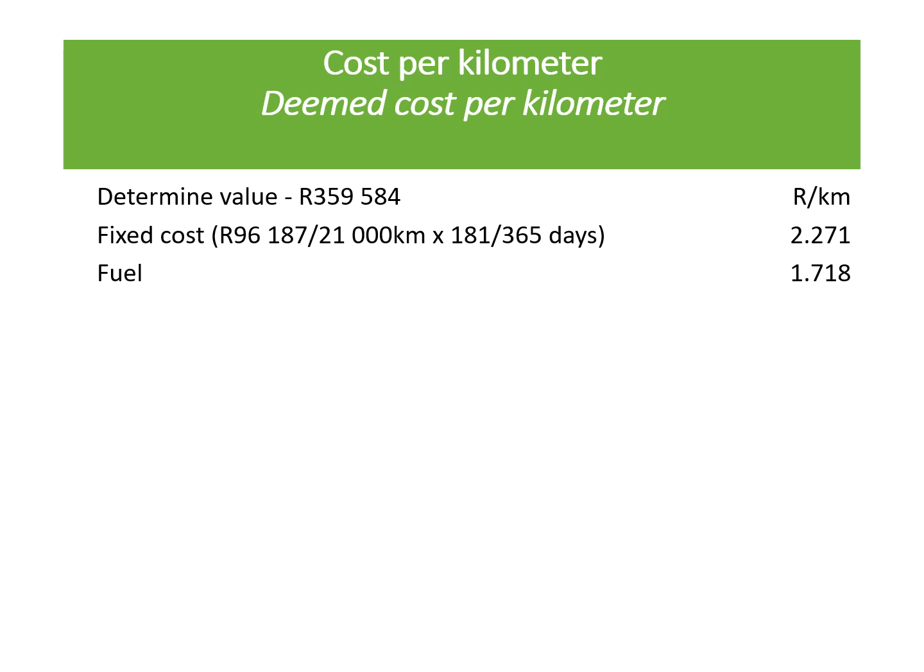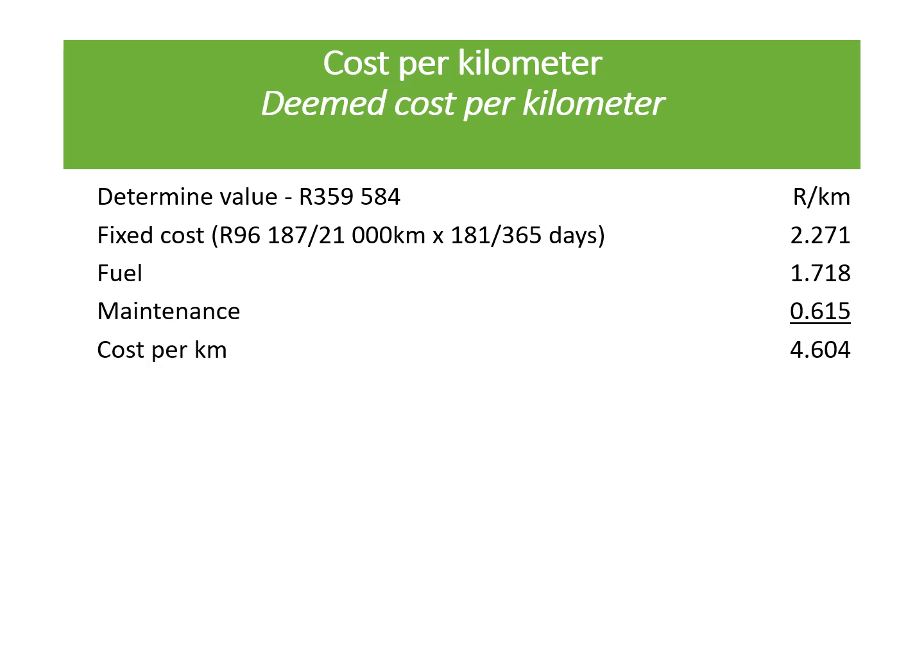Then the fuel was 171.8 cents. So divide that by 100, then you get 1.718 Rand per kilometer. And the maintenance was 61.5 cents. Divide that by 100, then you get 0.615 Rand per kilometer.